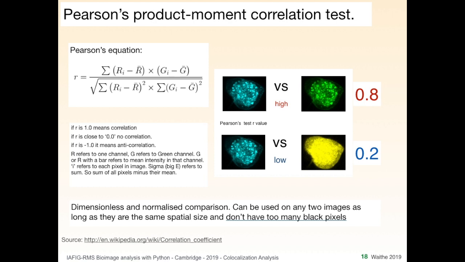So if you have a rho, an R value of 1, it means that they are perfectly correlated. If you've got a 1, it would basically mean you've made a mistake, because it means you put the same image in twice, okay, for both channels. 0 means there's no correlation between the 2 channels, so they're random. And -1 means that they're anti-correlated. So this means that in one channel, the other channel is explicitly not there.